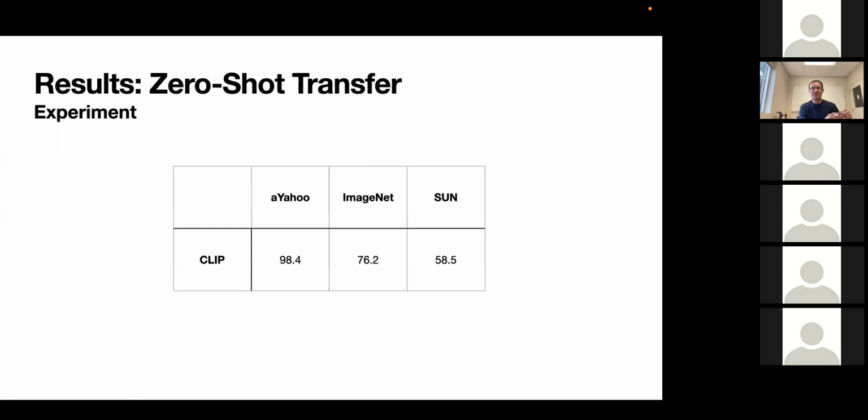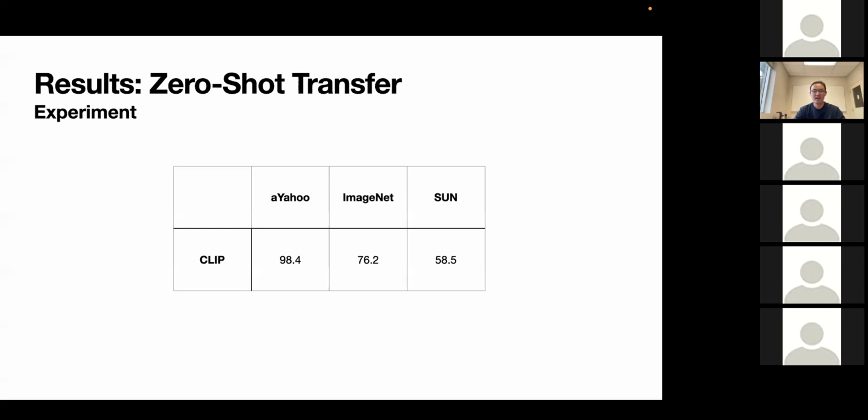The authors argue that if CLIP can transfer to images it hasn't seen and still have good performance, then the robustness is good and it shows their work is efficient. For the first three data sets, it just shows some numbers.